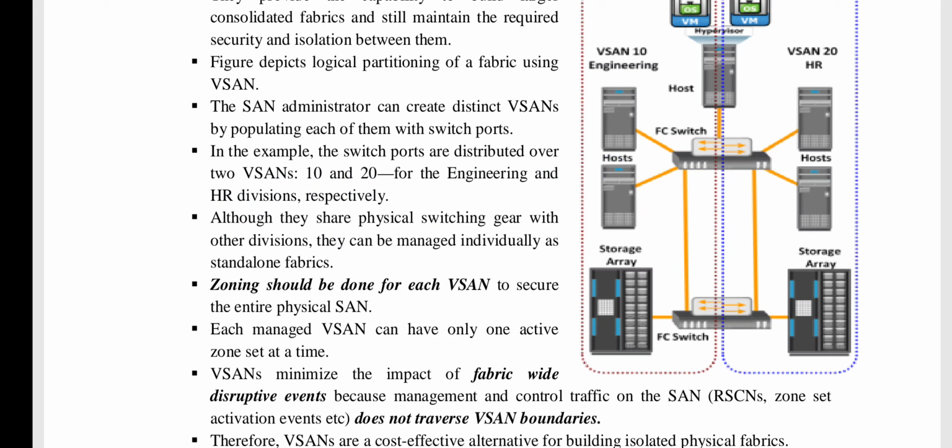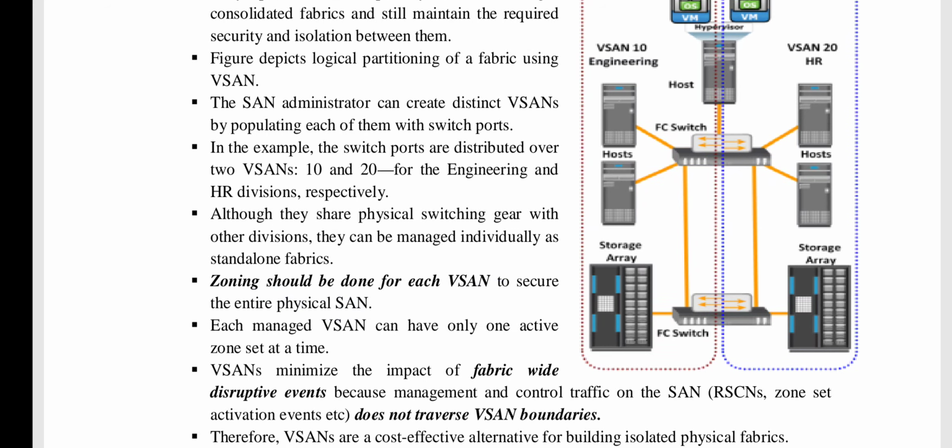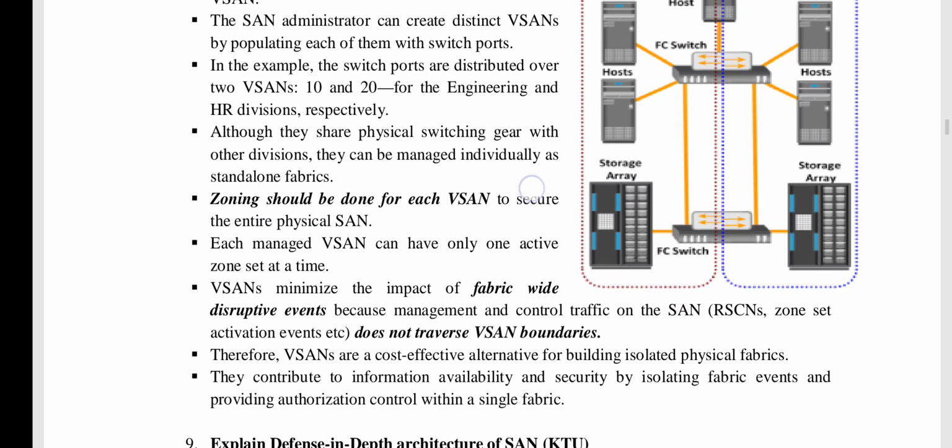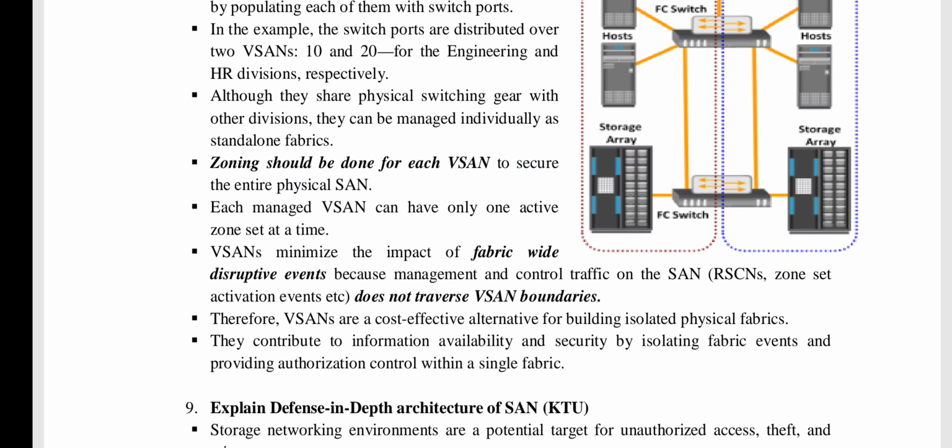Then zoning should be done for each vSAN to secure the entire physical SAN. Then there will be only one active zone at a time, and that is for security purposes. Then vSANs minimize the impact of fabric-wide disruptive events, because the management and control traffic on the SAN does not traverse the vSAN boundaries.